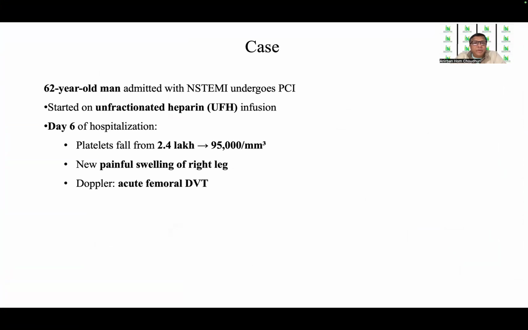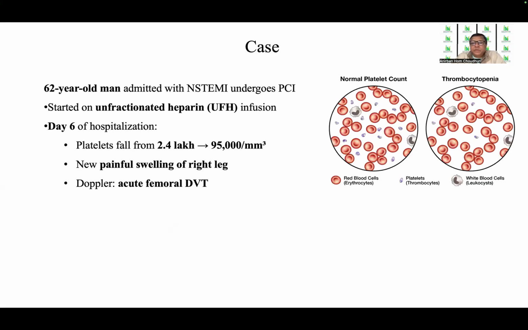So let us start with this case scenario. A 62-year-old man was admitted with NSTEMI and he underwent PCI. He was started on unfractionated heparin infusion. And on day 6 of hospitalization, the platelets fall from 2.4 lakhs to 95,000 with new painful swelling of the right leg, and the Doppler reveals acute femoral DVT.